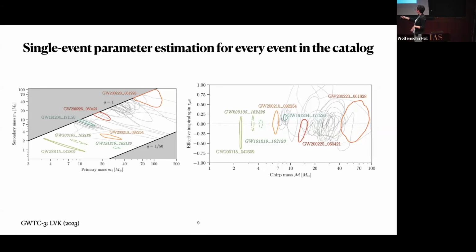Each one of these contours, both the ones that are in color and the gray ones in the background, show the 90% credibility contour for where these individual events lie in primary mass, secondary mass space, and then also in chi-effective, this effective inspiral spin, versus chirp mass space. So they're all over. It's really hard to learn anything just from squinting at this. I mean, you can learn some things, like there don't seem to be a lot of unequal mass events, but that's not super informative.